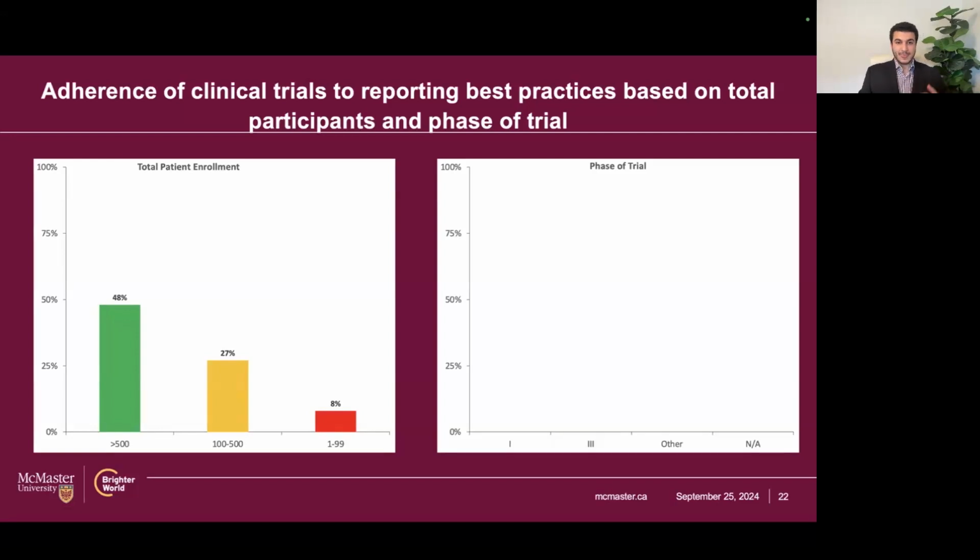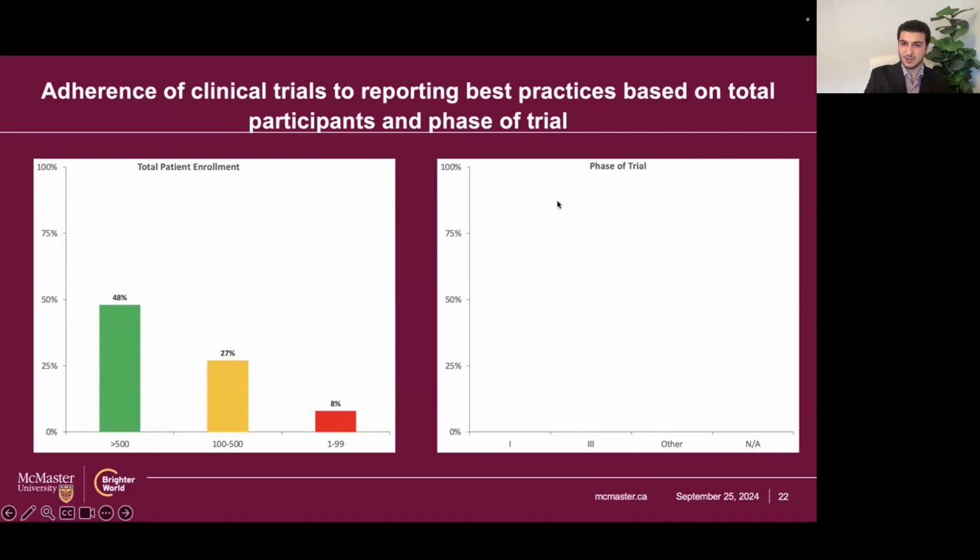Once again, we may justify this by saying more patients, therefore more regulation, therefore more funding, a closer eye from the public. But nonetheless, if a clinical trial recruited, say, 10 or 15 patients, you would want to hold them to the same standard regardless, as these people gave part of their time to be part of this trial.